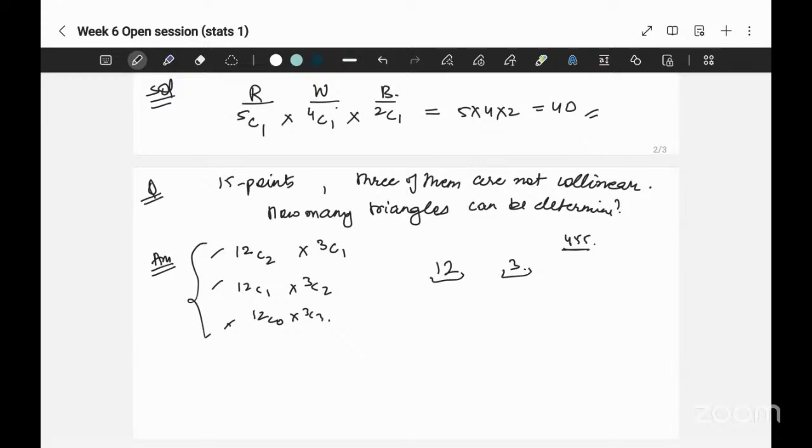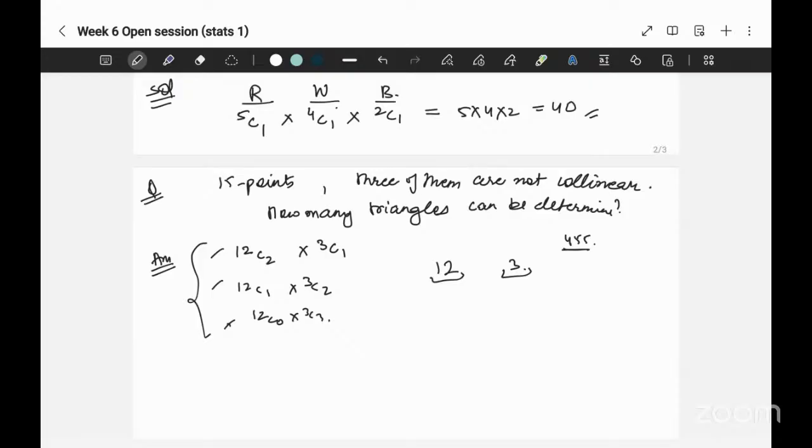But how are you taking that? We are not specifying in the question that 12 are collinear and 3 are not collinear. They are just saying that from the 15 points, they are not dividing it into groups. They are just points, and only that 3 of them are not collinear is set.